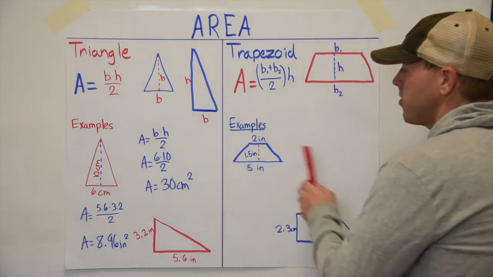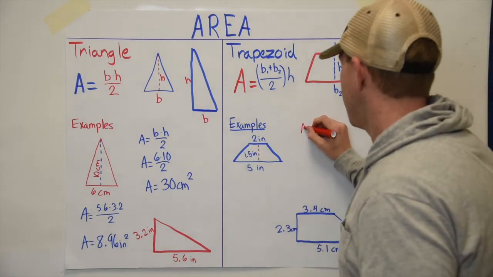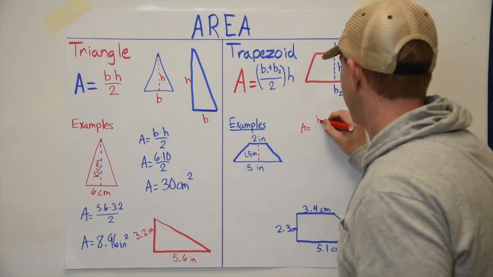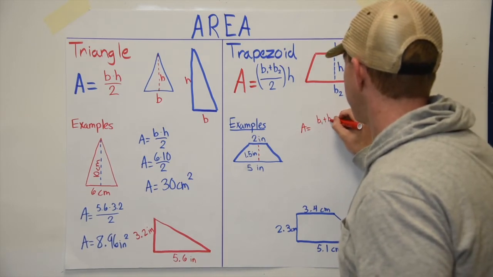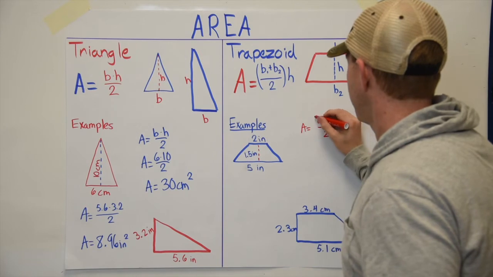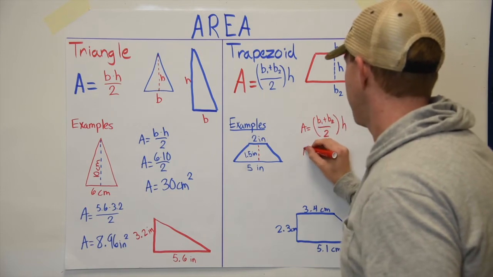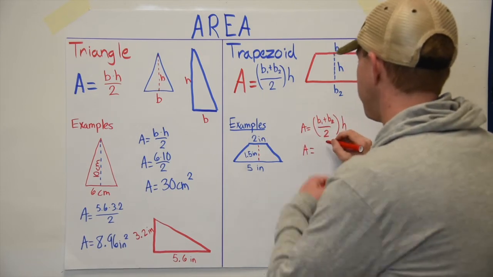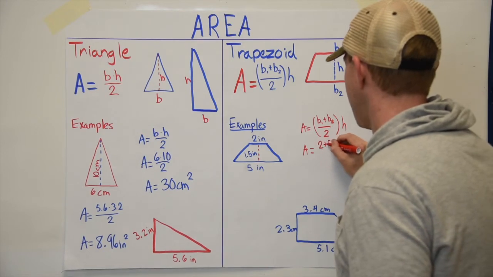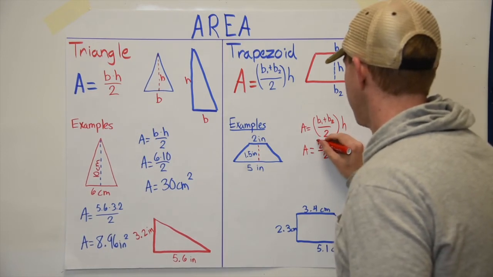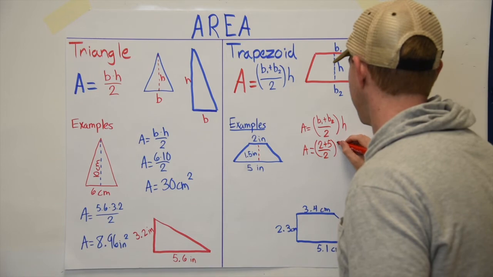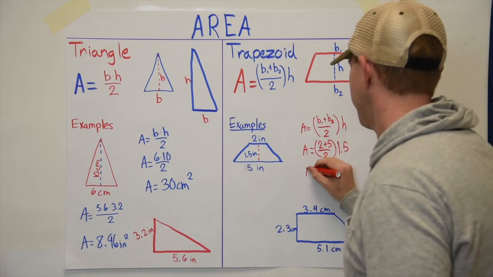So let's try that on a few of these examples right here. So we have area equals base 1 plus base 2 divided by 2 times our height. So we add the two bases, 2 plus 5, divided by 2 times our height, which is 1.5.